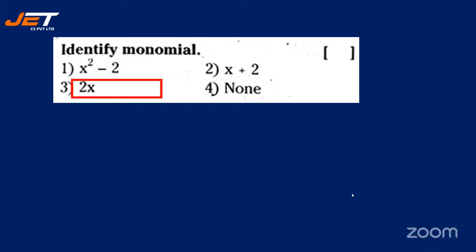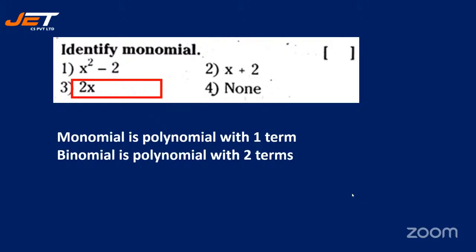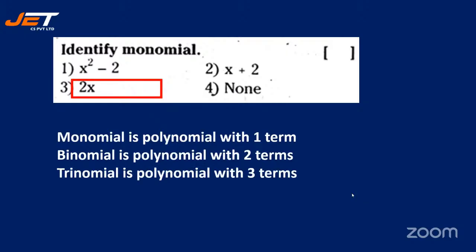Mono means 1, so it is 2x. Binomial is 2 terms. Trinomial is 3 terms.